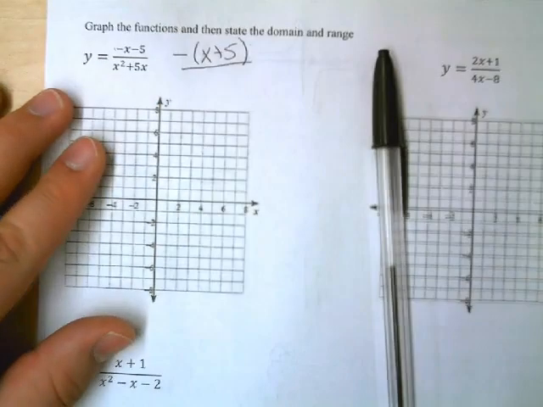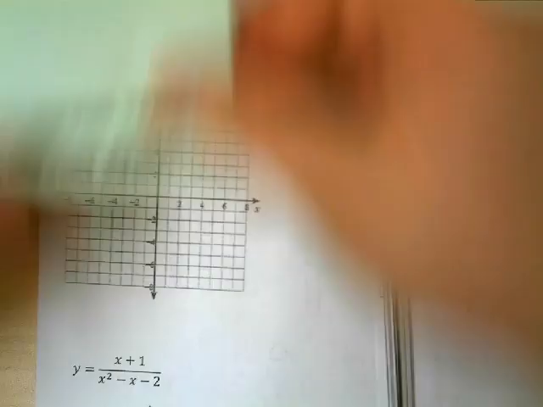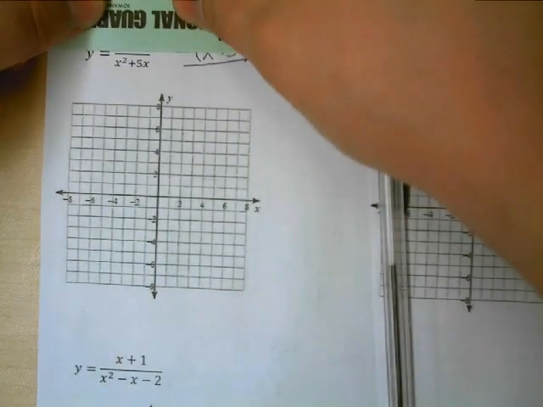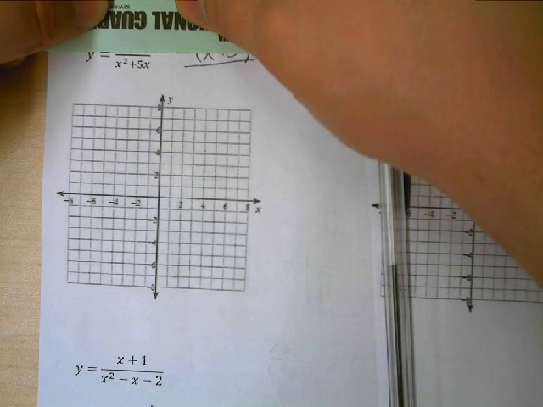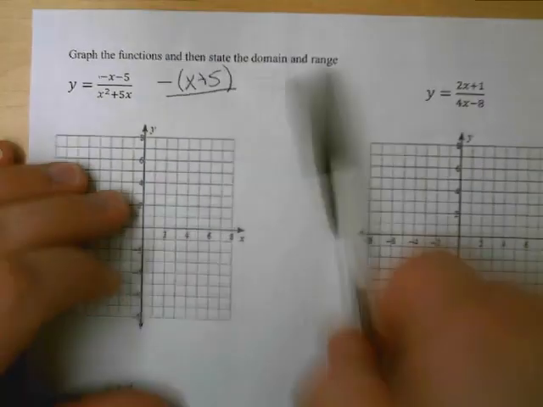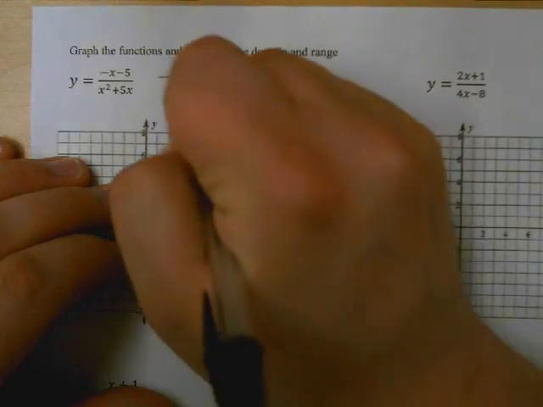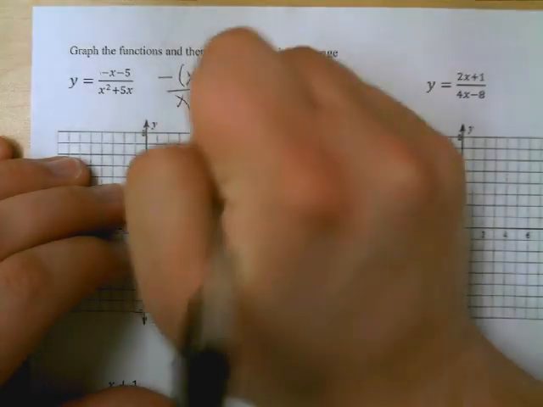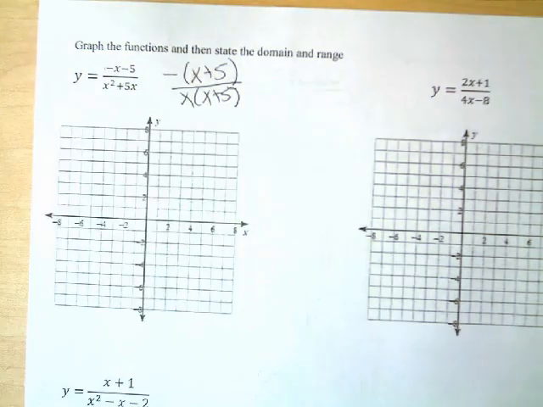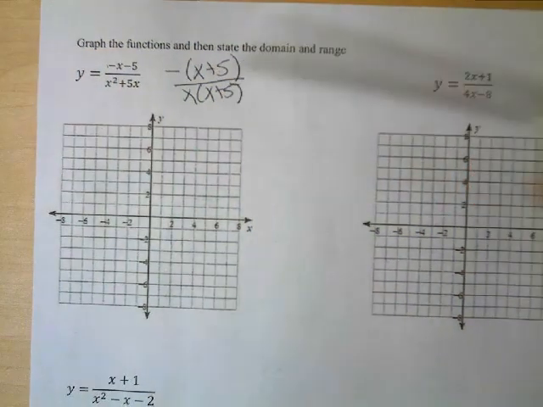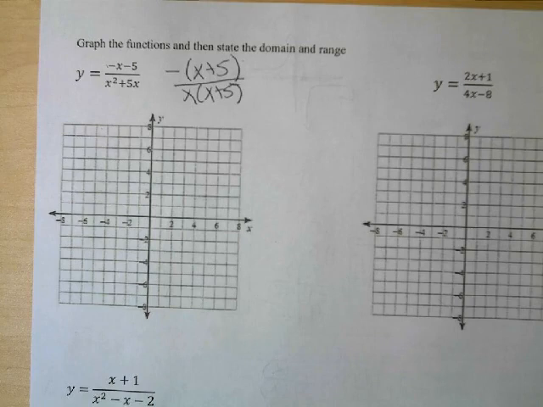Now just looking at my denominator, is there something that I could factor out of both of these? Yeah, I can factor out an x of both of them. So that's x over x plus 5, right? Now I look for things I can simplify. Is there something in the numerator and something in the denominator that are the same?